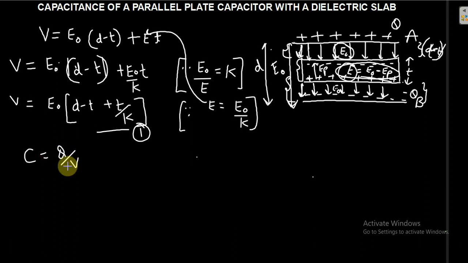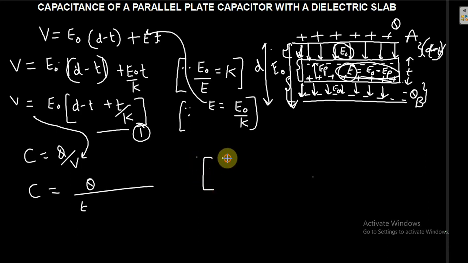Now we have to substitute this value of V in this equation, C is equal to Q by V. So substitute the value of V here. Before that we can do one thing, it will be easy to solve.